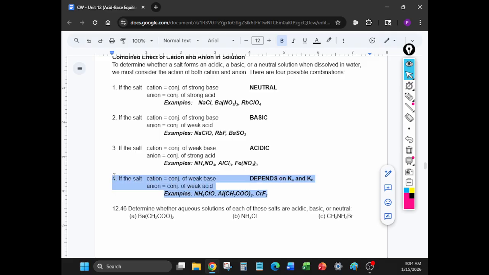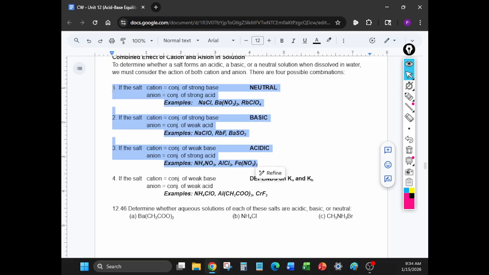This is here just so that you know, but you won't get problems where both the cation and anion are conjugates of a weak base and weak acid. It's typically going to be that one will be the conjugate of a strong acid or base, and the other one will be a weak one.